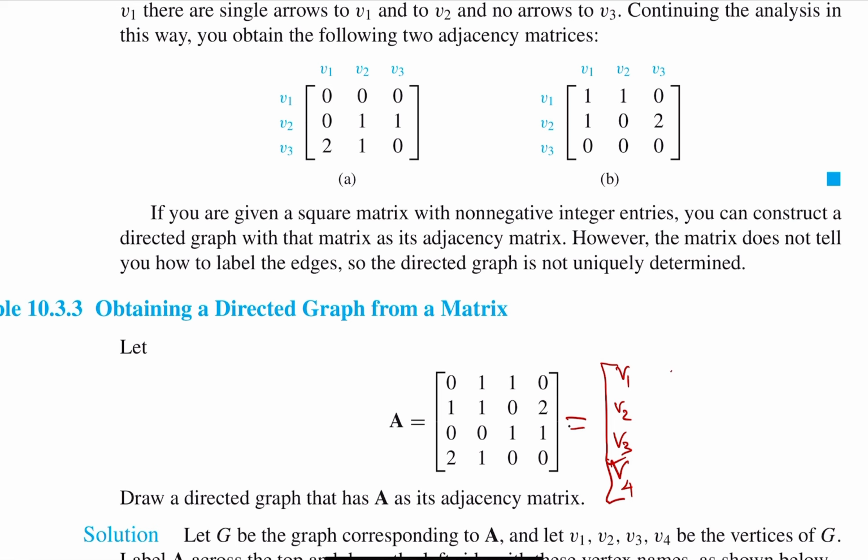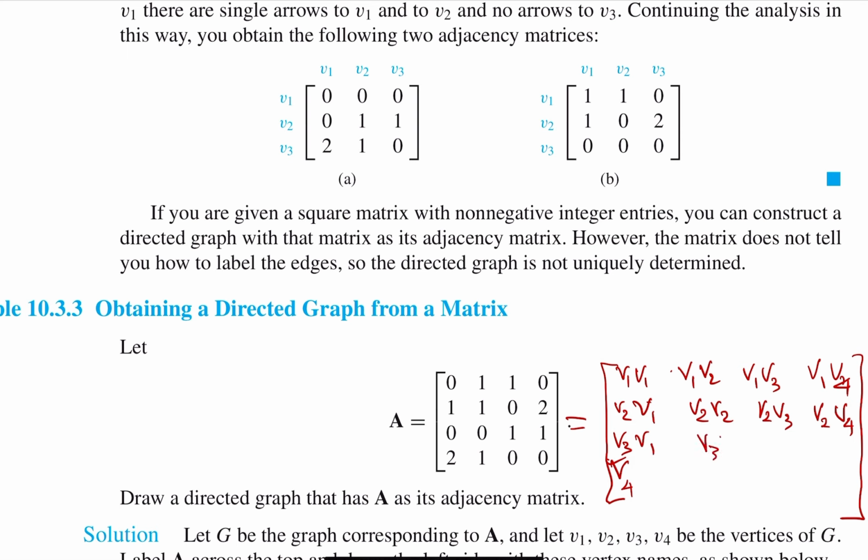And the entries are V1 V1, V1 V2, V1 V3, V1 V4, then V2 V1, V2 V2, V2 V3, V2 V4, then V3 V1, V3 V2, V3 V3, V3 V4, and V4 V1, V4 V2, V4 V3, V4 V4.